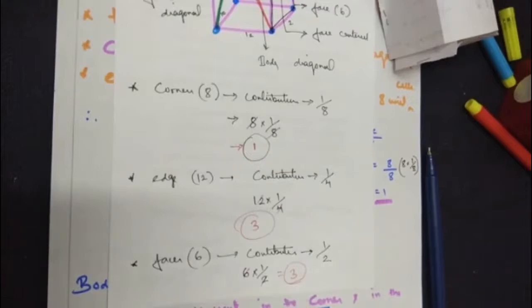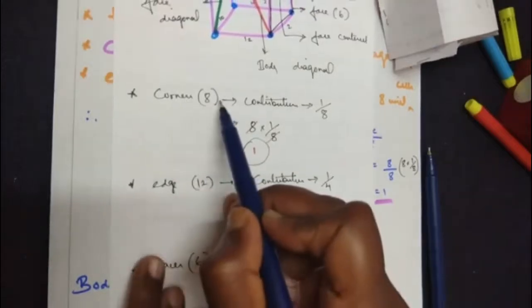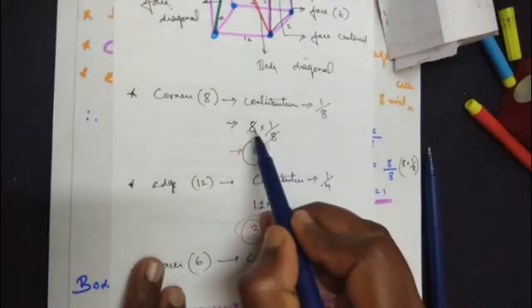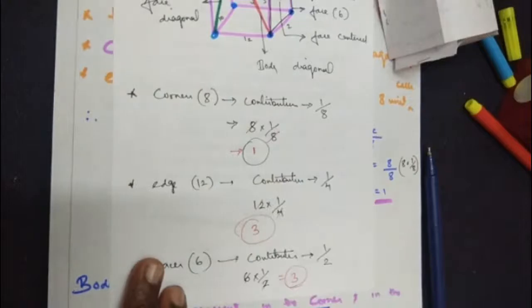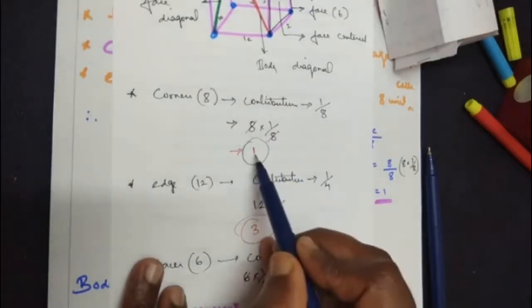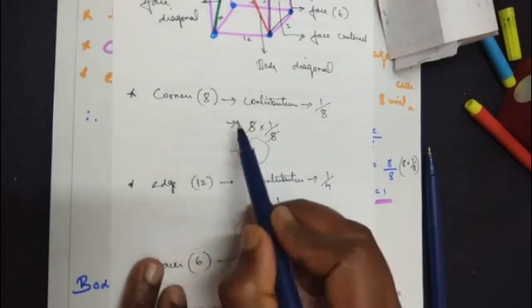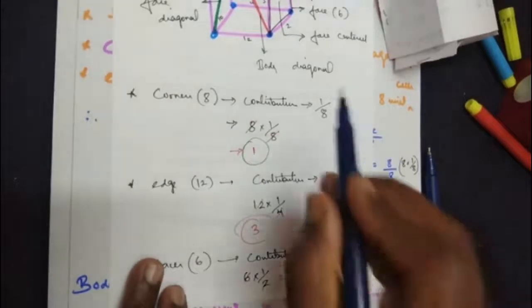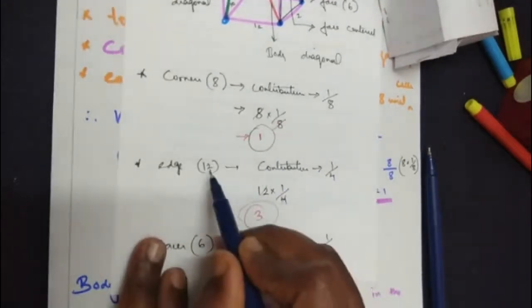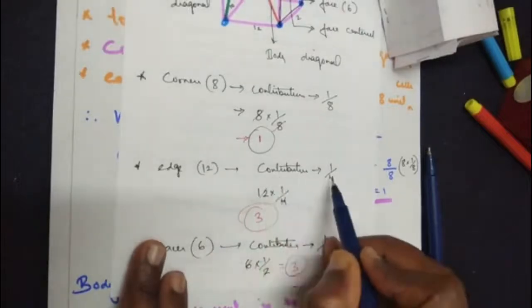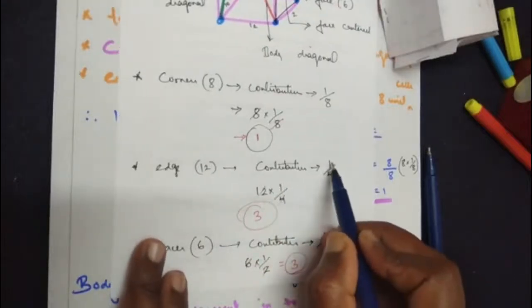I'm not confusing you. 8 corners are there, and this part alone I will explain with the shape. 8 atoms are each contributing 1 by 8 part, so when we cancel, the number of atoms contributed by the corners makes up to only 1. Edges: 12 edges are there, and the contribution by the edges is 1 by 4.